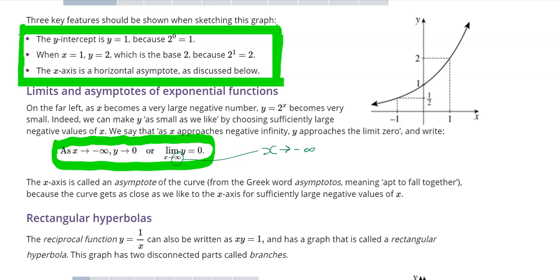Okay, so the x-axis is called the asymptote in this, just by coincidence that it is an asymptote in this situation, from the Greek word asymptotes, meaning apt to fall together. Cool. Because the curve gets as close to the x-axis as we like for sufficiently large negative x values.